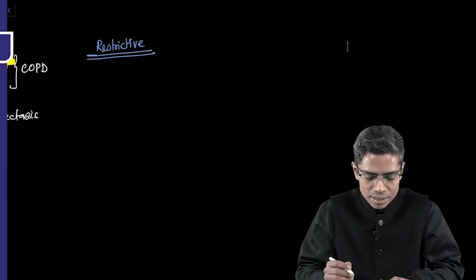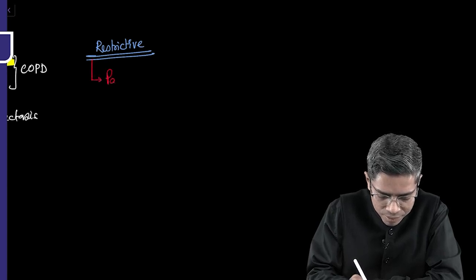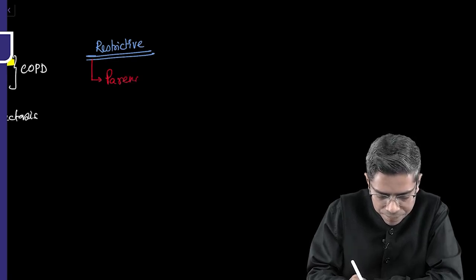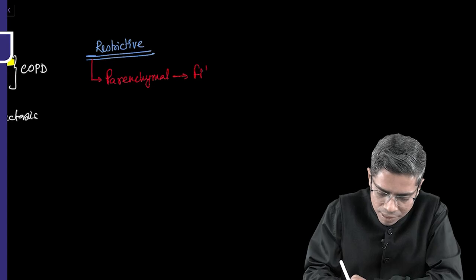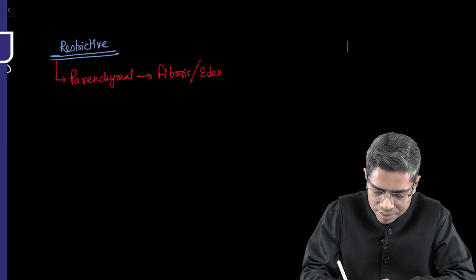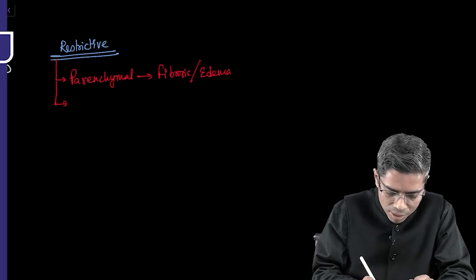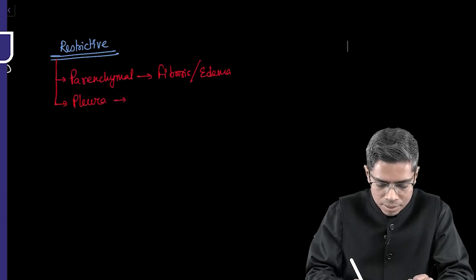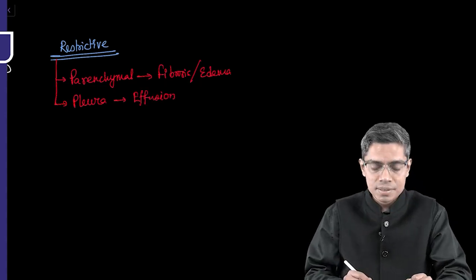As examples, restriction can occur at the level of the lung parenchyma, that is parenchymal restriction, like fibrosis of the lung or maybe pulmonary edema. The restriction can also occur at the level of the pleura, like pleural effusion or pneumothorax.